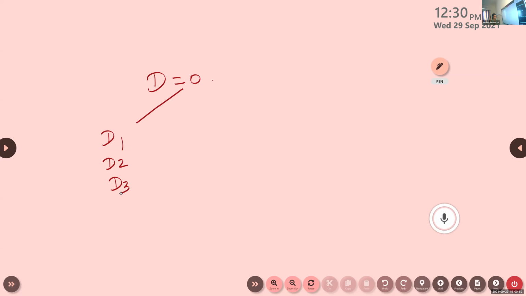If at least one of D1, D2, D3 is not equal to 0, it is inconsistent. If D is 0 and at least one of D1, D2, D3 is non-zero, then we can say the system is inconsistent.